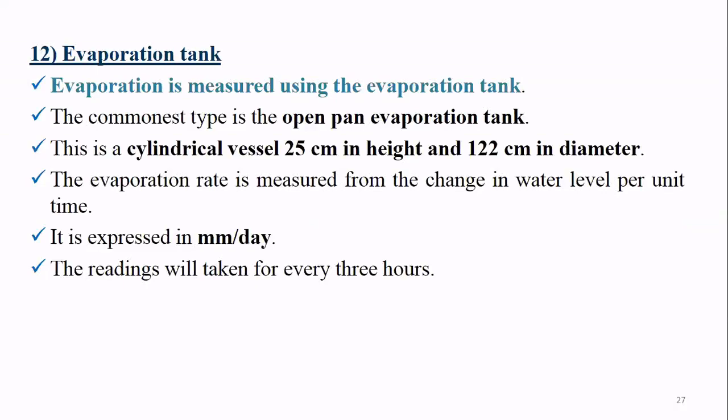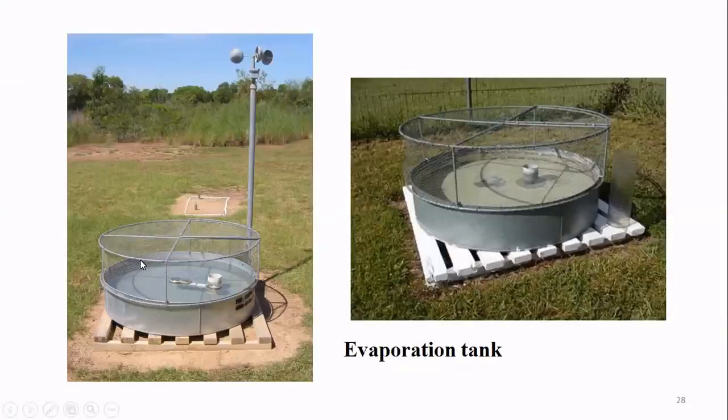Okay, evaporation tank. First, see the instrument. This is the evaporation tank. It's also called a pan evaporimeter. Here you can see this instrument is installed above a wooden layer, and there will be a cover on top, like a Stevenson box.